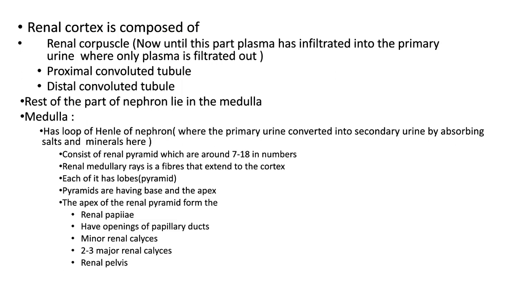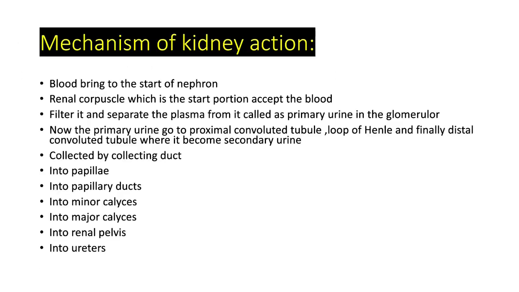Renal medullary rays are basically fibers that extend to the cortex, and each of them has lobes called pyramids, and pyramids have a base and an apex. The apex of the renal pyramids forms the renal papilla, having openings of the papillary ducts, minor calyces, and 2 to 3 major calyces, which then form the renal pelvis.